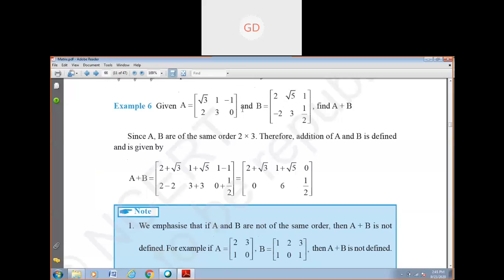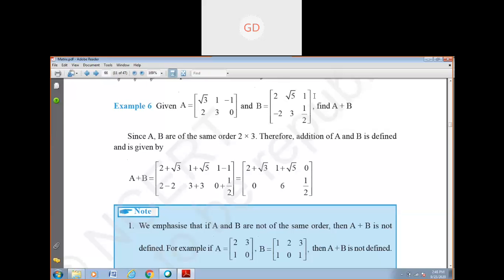And in the fourth column, suppose some element is there, say small a. What will be the corresponding element in B? No corresponding element will exist in B because the orders of A and B are different. The fourth column is here and there is no fourth column in B. Therefore the corresponding element does not exist.